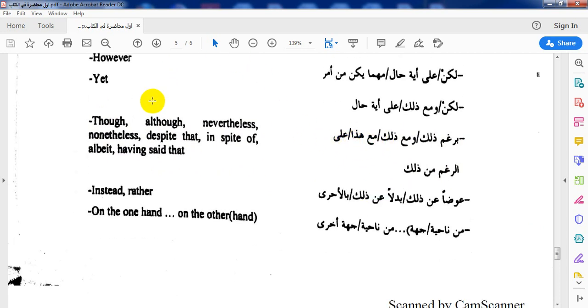You see, they are used to give a contrastive idea or different idea. Instead, rather, on the other hand, on the one hand.